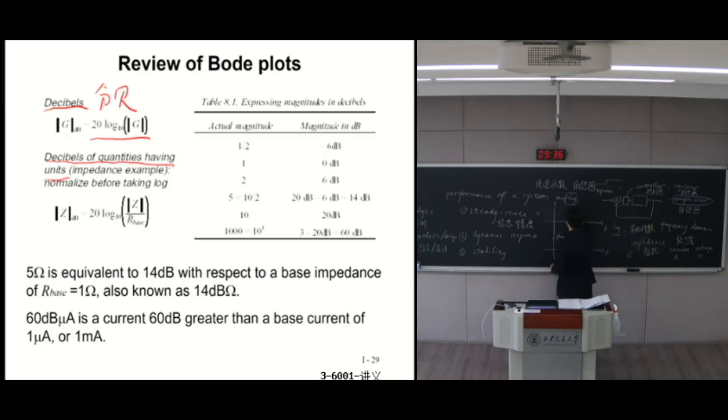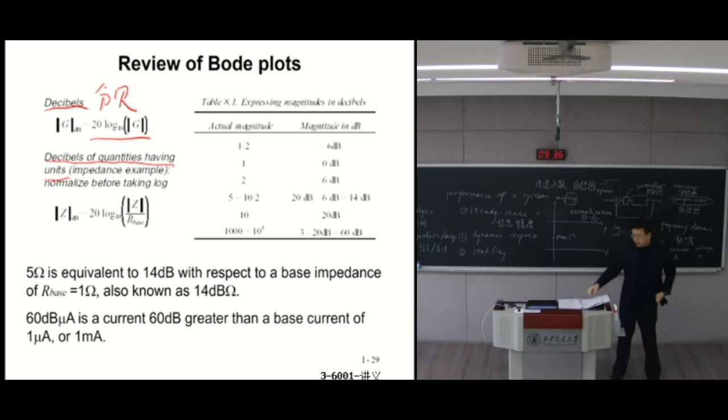We need to do normalization first. So when you look at the Bode plot or magnitude of some quantity with units, you first need to normalize it by taking the division or comparison between this quantity and a base quantity.